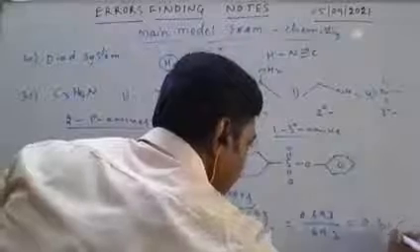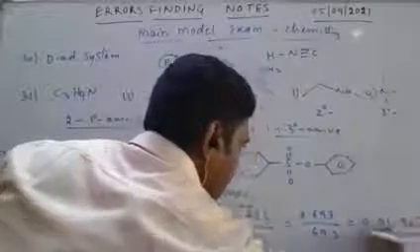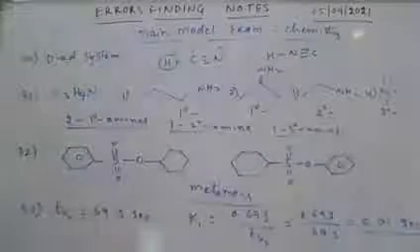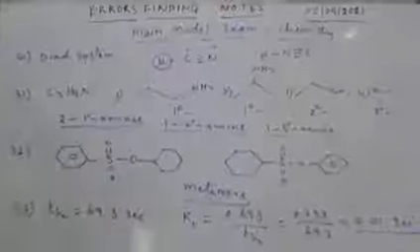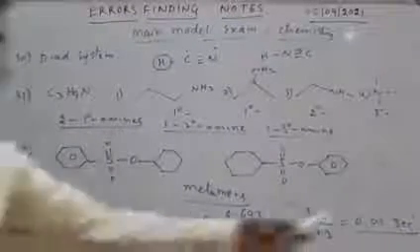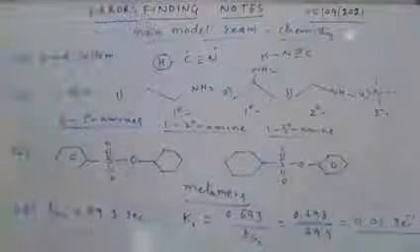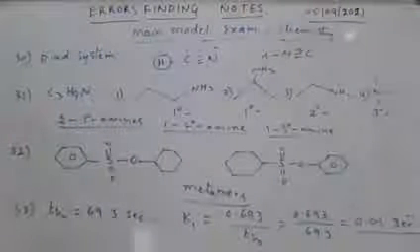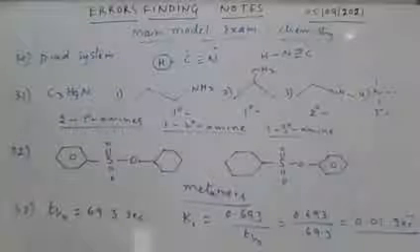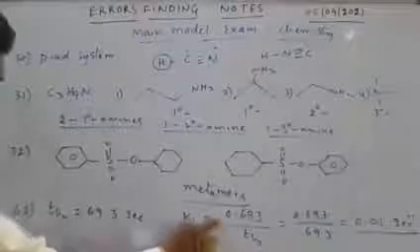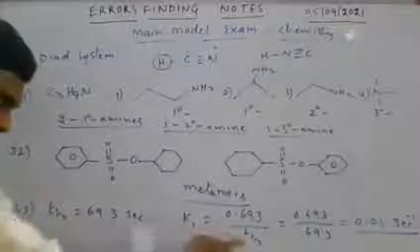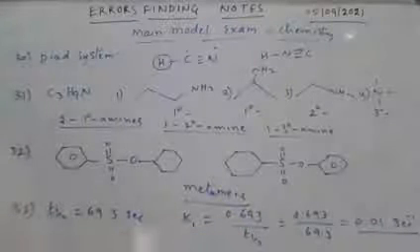You get 0.01 second inverse, 0.01 second inverse, Nana. This is the expression relating T half and K1 for a first order reaction.